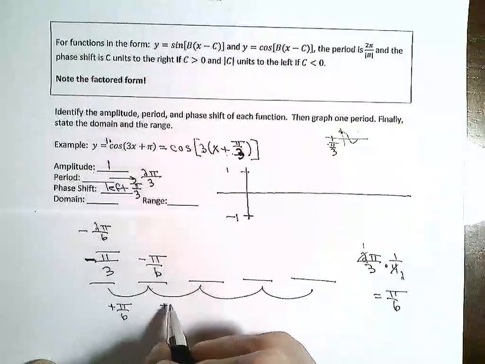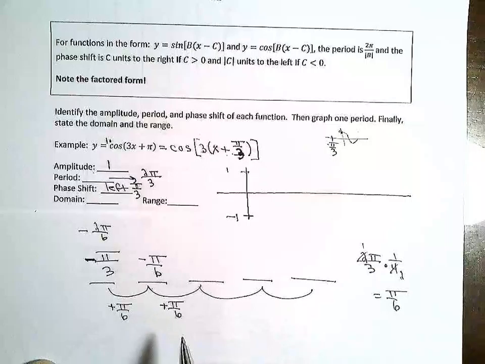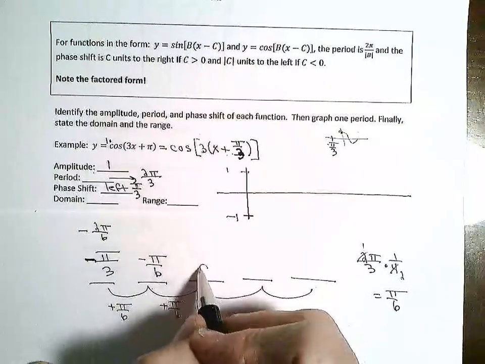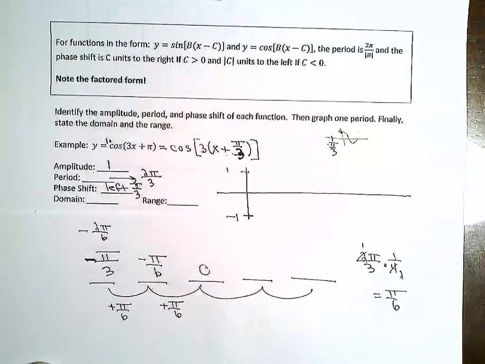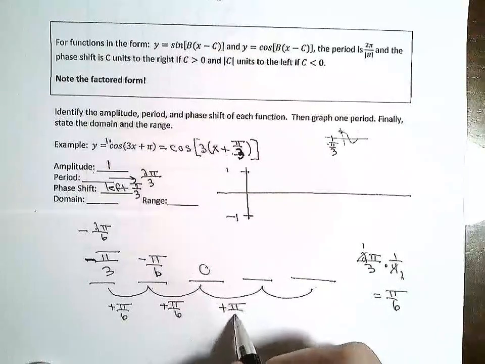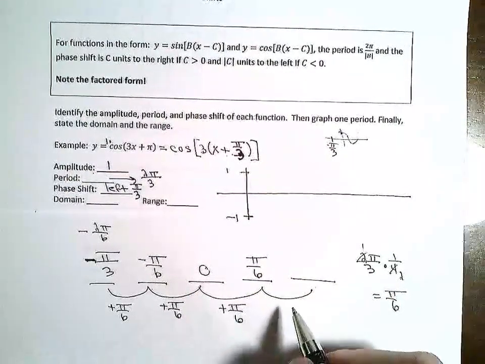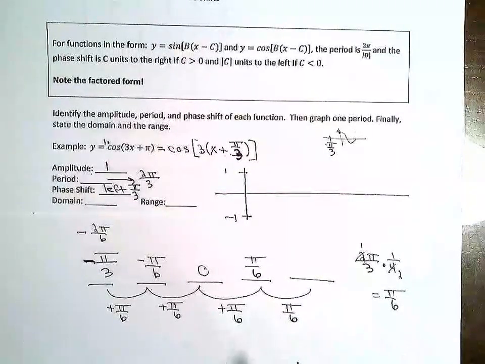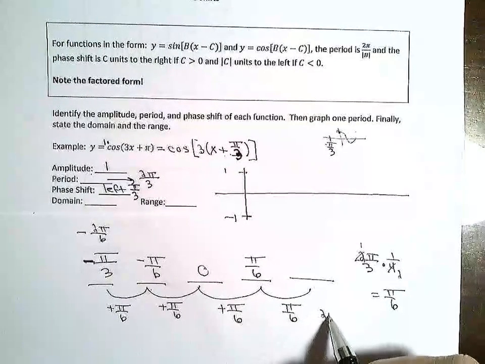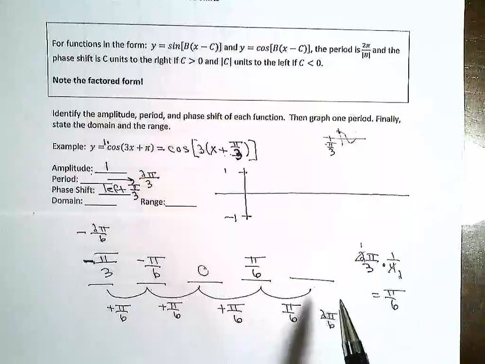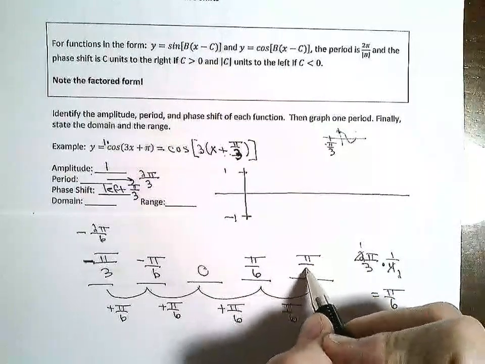All right, then I need to add another pi over 6. So if I add on another pi over 6, now I just get 0. That's an easy addition. Add on another pi over 6, so that's going to give me pi over 6. And then add on the last pi over 6, and that'll give me 2 pi over 6, which is the same as pi divided by 3.